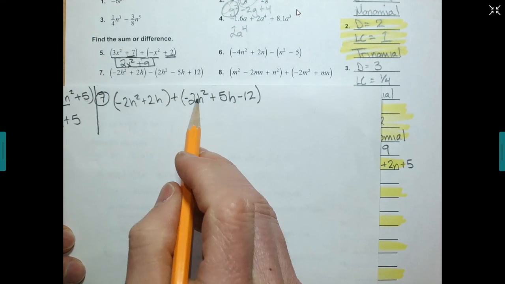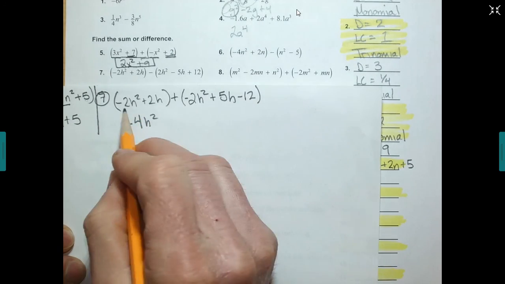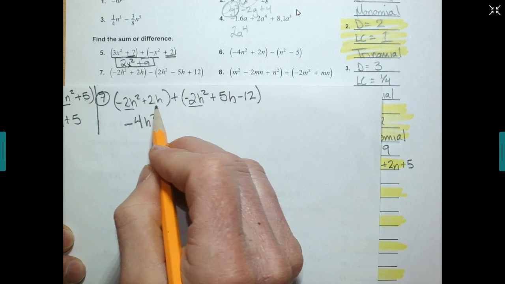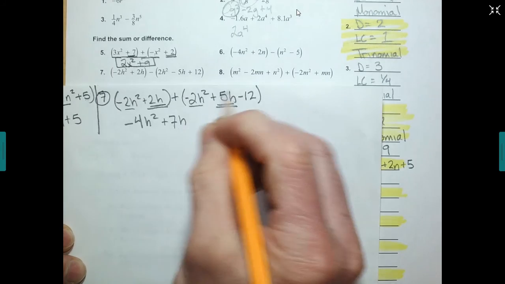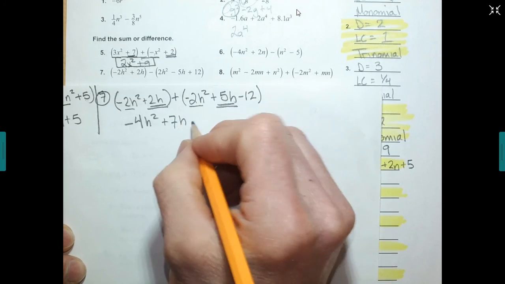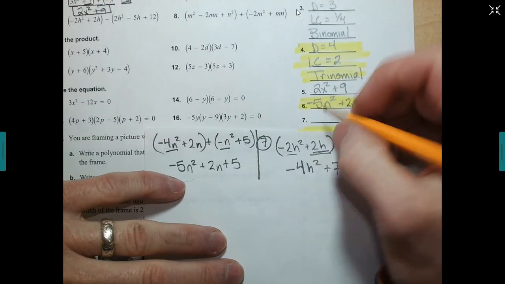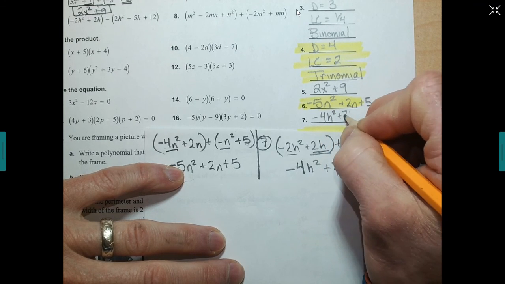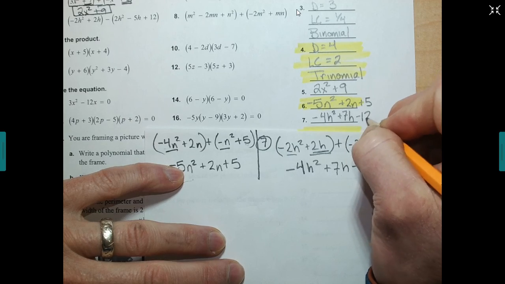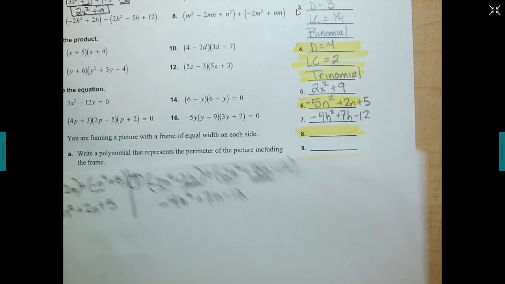So a -2h squared and a -2h squared is -4h squared. And I have my 2h and 5h, that's plus 7h. And then I don't have anything like with that, so it's just a -12. So I'll write that in for number 7. -4h squared plus 7h minus 12. Okay.